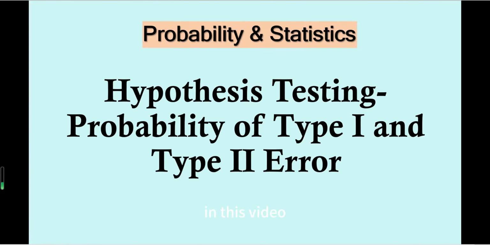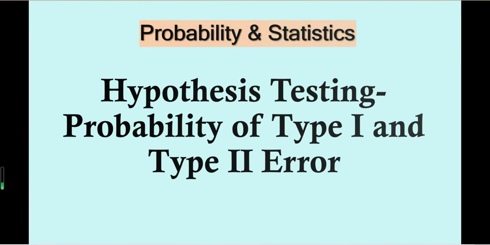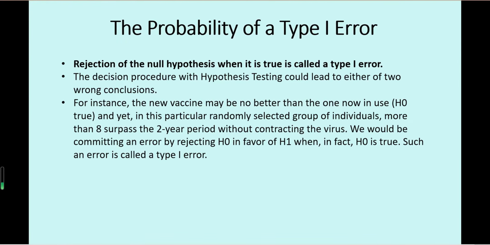In this video, we will introduce and explain briefly the notion of probability of type 1 and type 2 error in hypothesis testing. So we know in hypothesis testing, we can get two results.